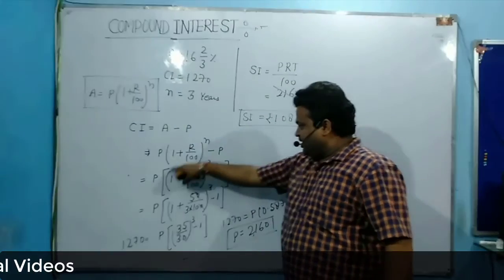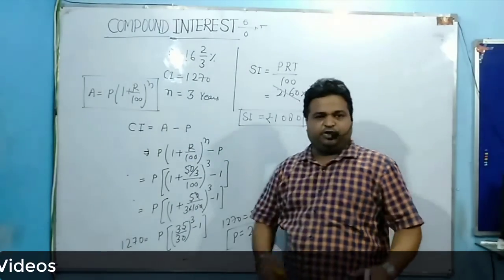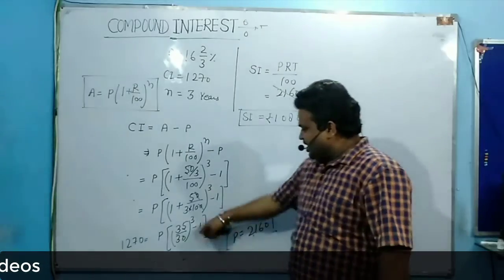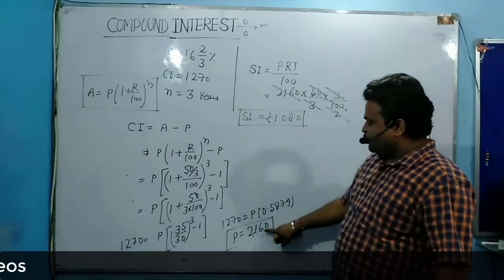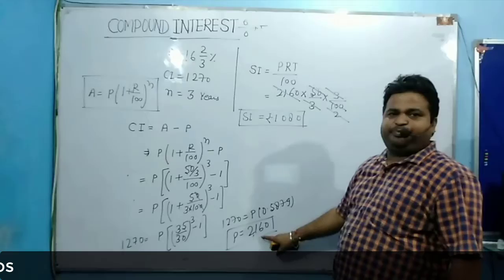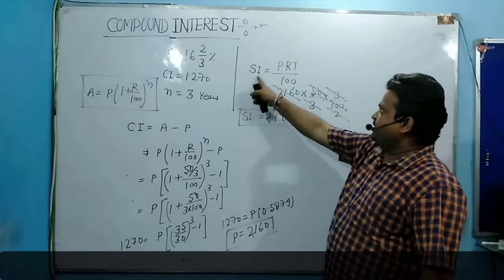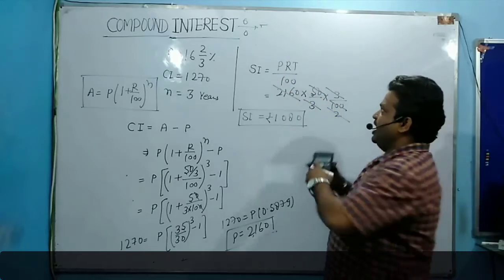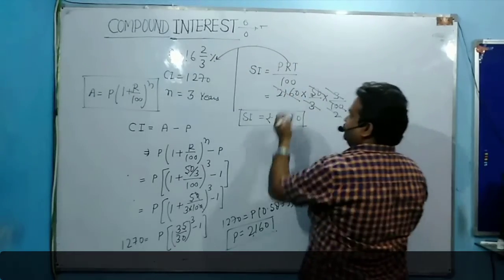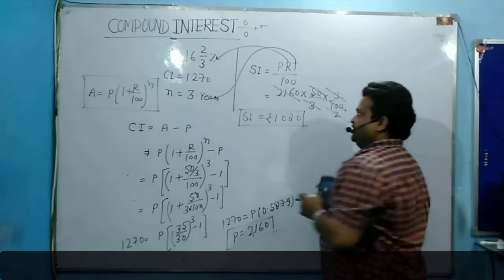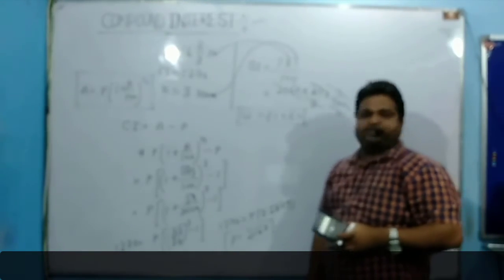Take P common. Then solve this equation by using your mathematics experience, and you will get P value is 2160. Once you know the principal sum, you take this P to calculate your simple interest value. R is the same as mentioned in the question. T is the same as mentioned in the question, and you will get simple interest is rupees 1080.